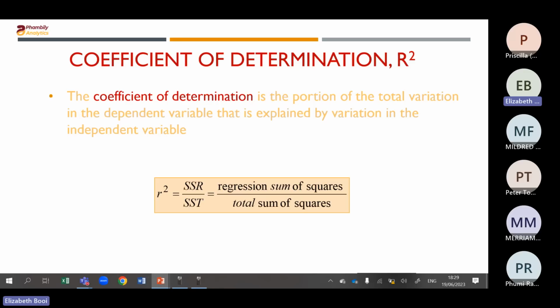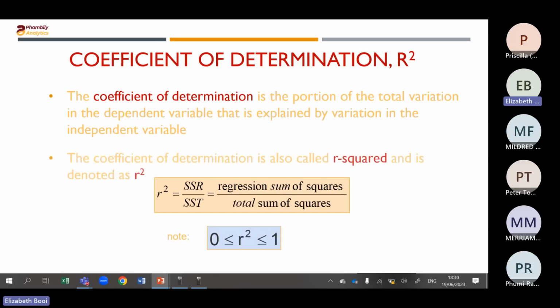That's how you will interpret the coefficient of determination. You don't interpret it the same way as you interpret the correlation, because it doesn't talk about the relationship. Here it talks about the variation between your dependent variable and your independent variable. So always remember, the total variation in the dependent variable, which is your y, is explained by the variation in your x, which is your independent variable. Okay.